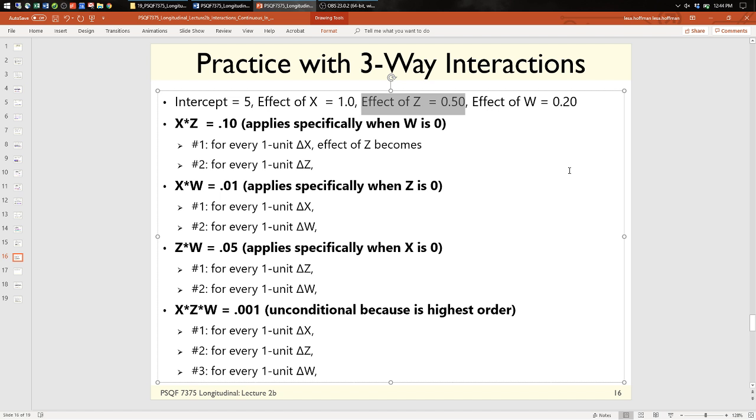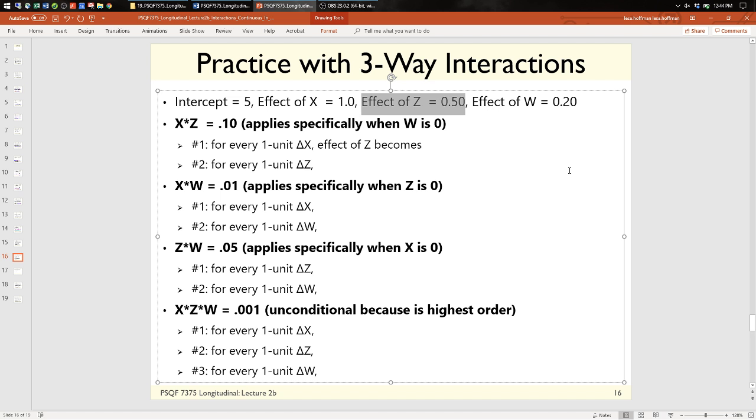Yes, so this is a specific simple main effect. If I have a two-way interaction between x and z of 0.1, then what does that interaction say happens to this main effect of z as a function of x?